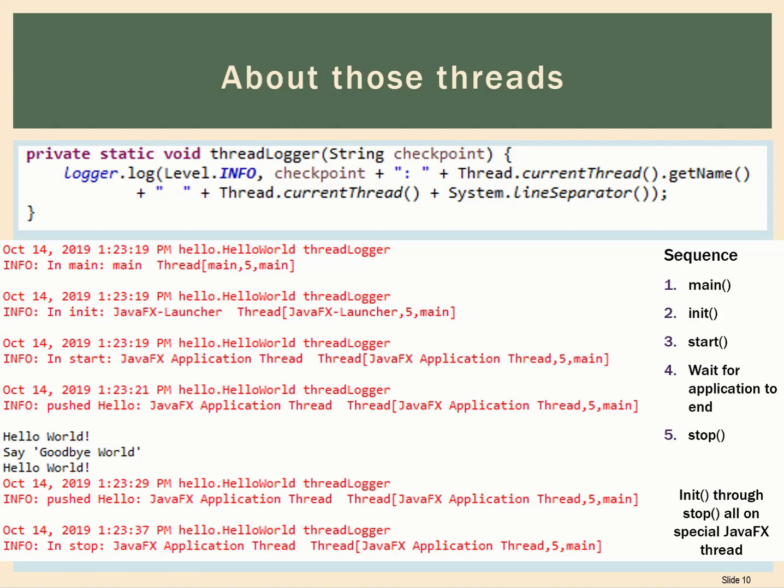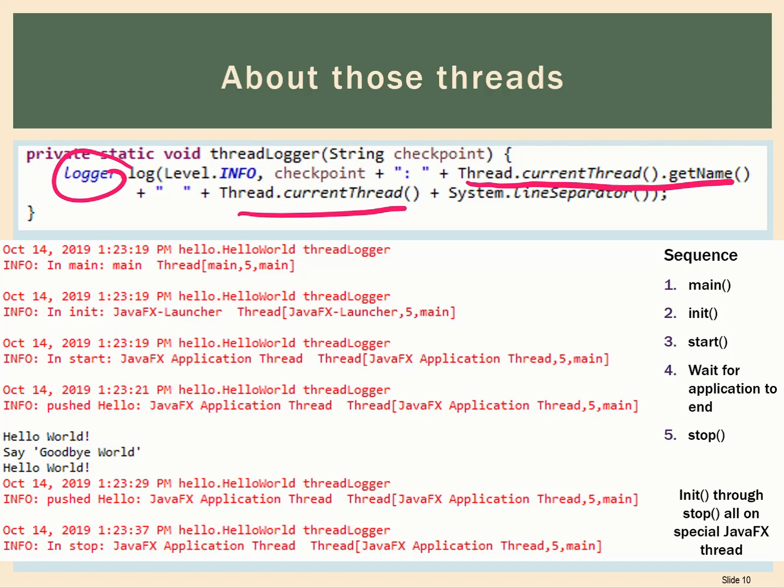So in conclusion, I want to talk to you a little bit about all these things I've been logging. You've seen me call the thread logger method many times in the GUI in different methods. And all I'm doing in this thread logger method is I'm using my logger and I am logging the name of the current thread along with the current thread object itself.